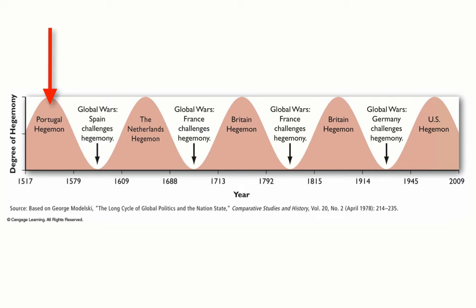So you can see Portugal was the global leader. Then the Netherlands was the global leader. And then Britain. And then Britain again. And then now we're in this time period post-World War II where the United States is the dominant power. People will say that China's competing against us and the Soviets. However, there is always one that leads the way.